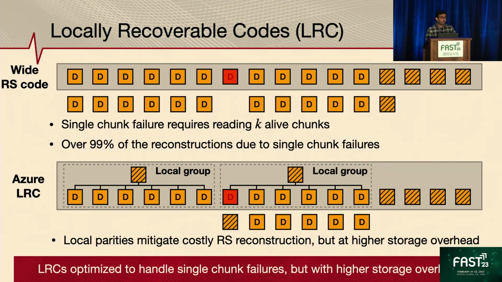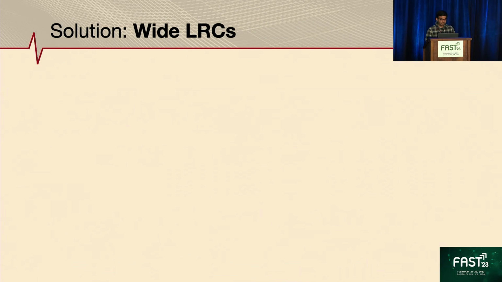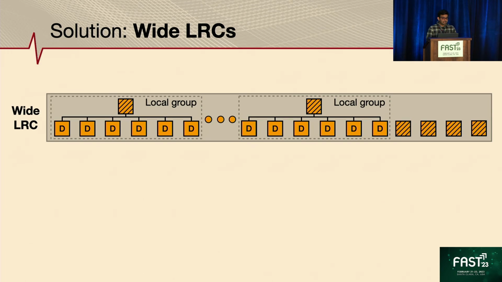Now, at today's scale, the overhead added by these local parities can also be too much given the sheer size of data. So the solution for that is wide LRCs. This is where you take an LRC and have many more local groups compared to the conventional one, and that makes up a wide LRC.